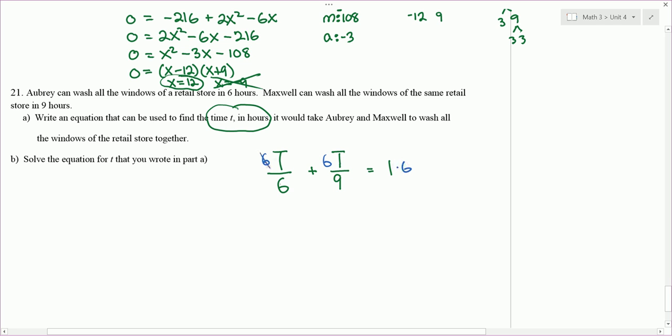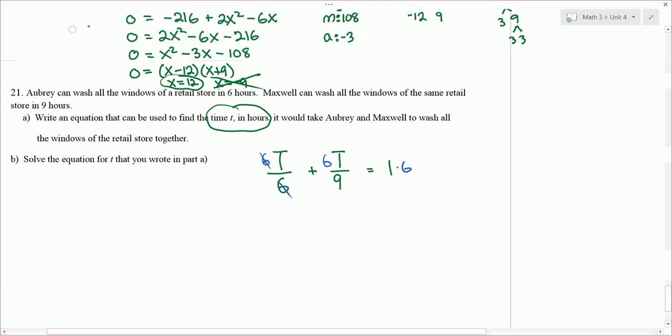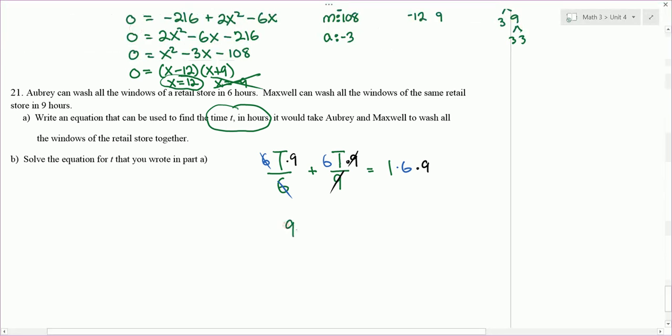That allows me to cancel out the 6 in the first fraction. And then multiplying everything by 9 allows me to cancel out the 9 in the second fraction. And so we're left with 9t plus 6t is equal to 6 times 9, which is 54. 9t plus 6t is 15t.